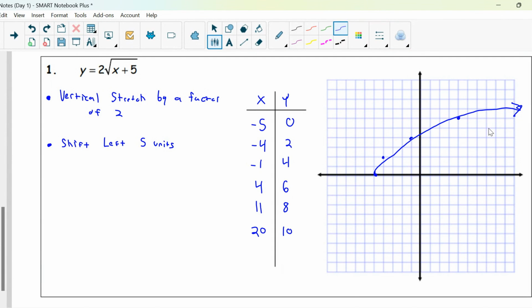Okay. Next, we need to determine the domain and range. So the domain is all of my possible x values. My furthest value to the left that I can have is going to be right here at -5. And as I head to the right, I keep heading forever. So that's going to give me infinity.